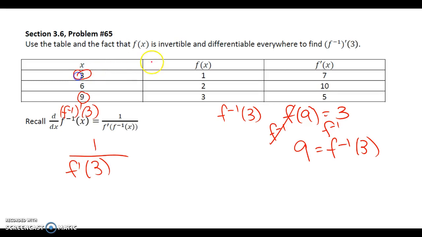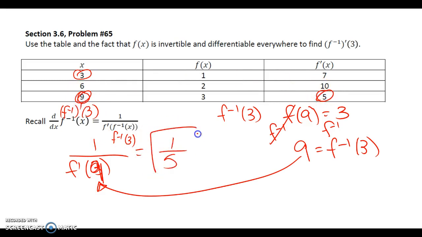So when x is, I'm sorry, not 3, 9. This should be 9, shouldn't it? Right there, because this is the inverse function of 3, it's 9. So 1 over f prime at 9 is 5.